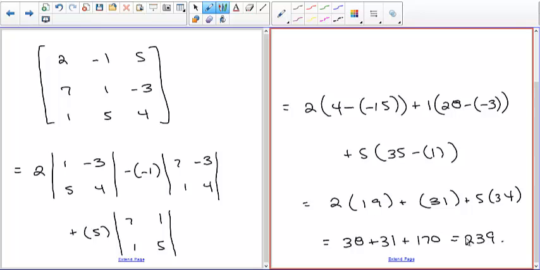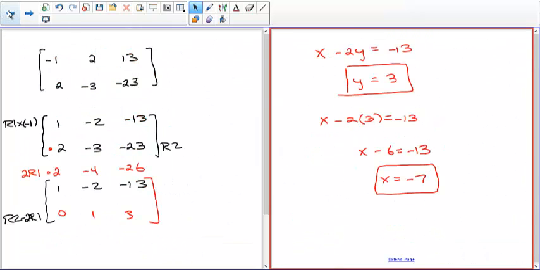There's something called the determinant, and I get 239. Okay, so that's right. So that's it.